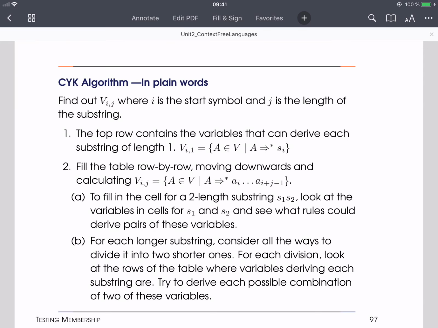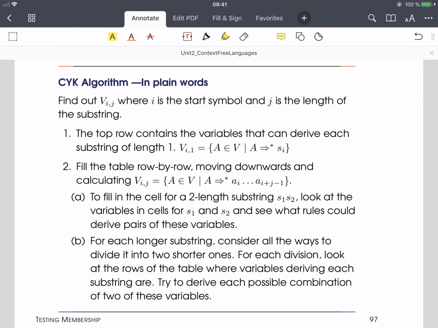The first row is very easy to fill because it corresponds to strings of length 1. And remember that we have already shown that strings of length 1 in a grammar in Chomsky normal form can only be generated directly with a production of the grammar.